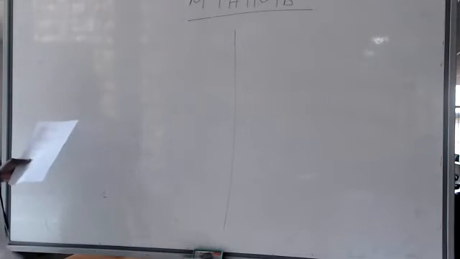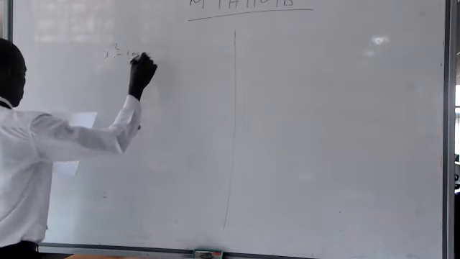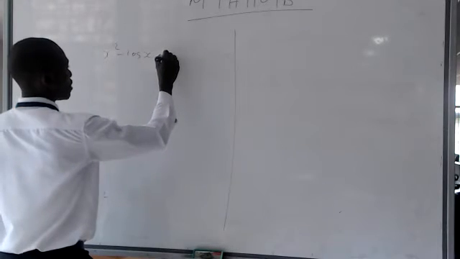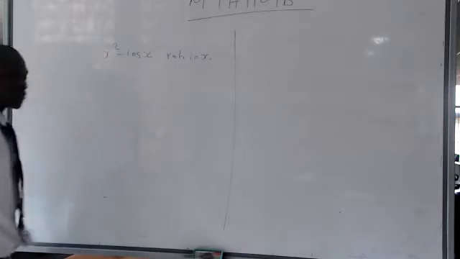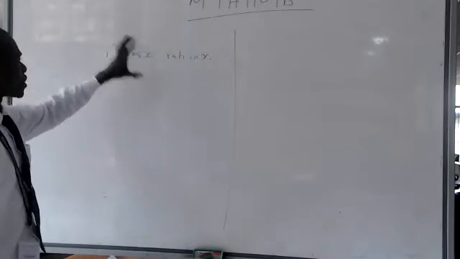So the first one is this expression, x squared minus cosine x. The statement says this is a rational expression, rational in x. What do you think? Is this a rational expression?